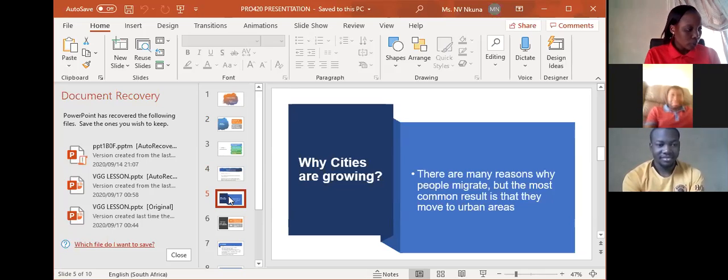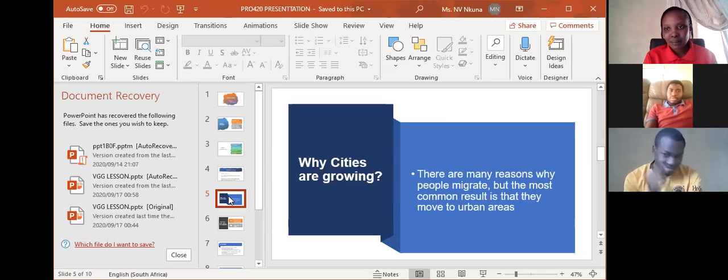Thank you, ma'am. There are many reasons that are causing people to move from one place to another. Number one, to escape poverty. Many people are leaving their homeland because of poverty. Some are leaving because of lack of opportunity, so they are trying to get something to sustain their lives.